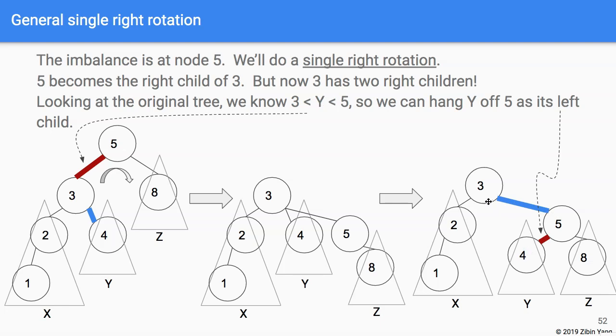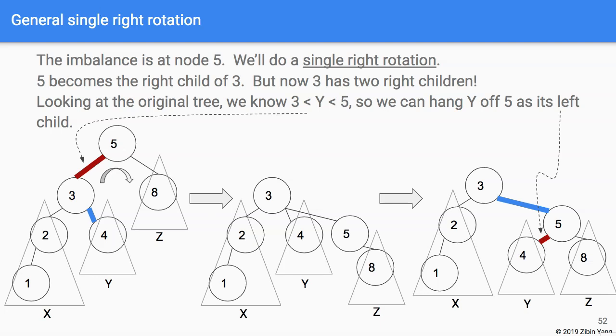Because y is still bigger than 3, since we get to y by going down the right side of 3 now, and y is still smaller than 5 because y is the left child of 5. So that's how we're able to do this, and we're again preserving the data, preserving the ordering, but the tree is now more balanced.